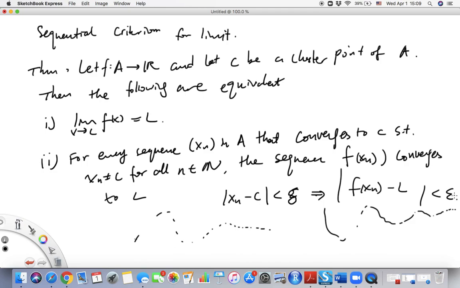So we have a similar criterion for divergence. So let me state it. Divergence criteria.